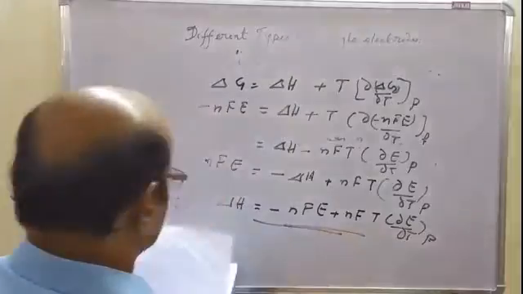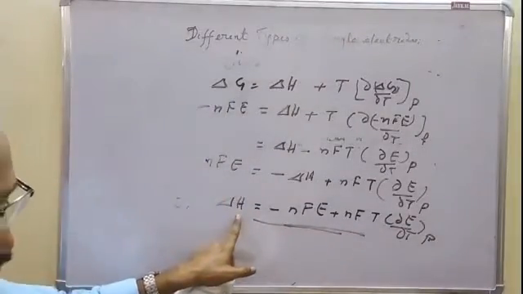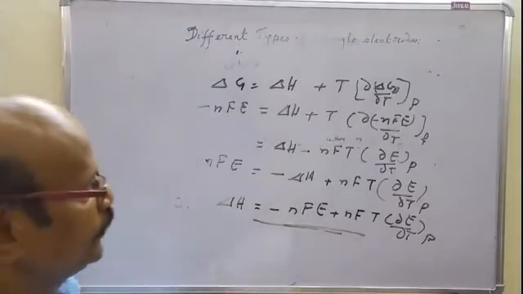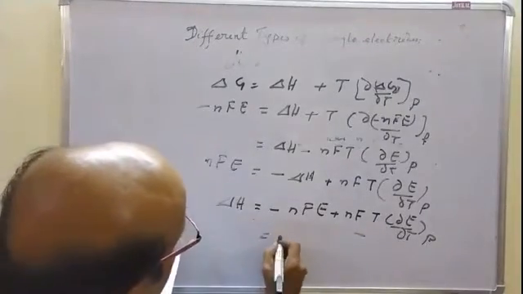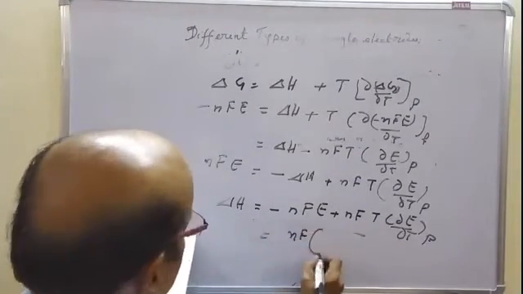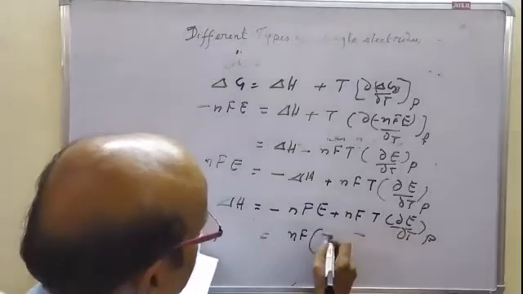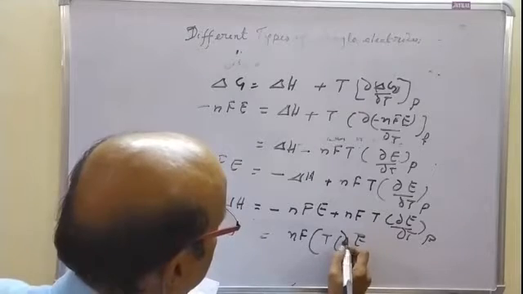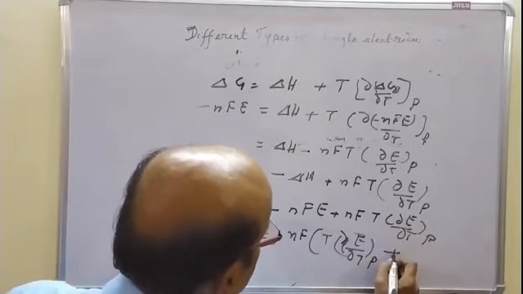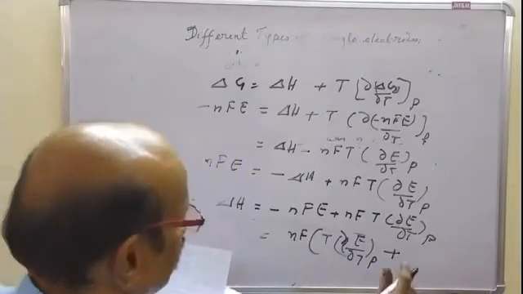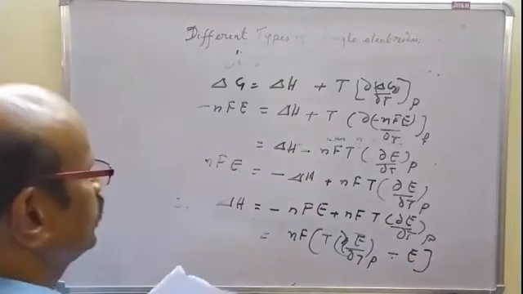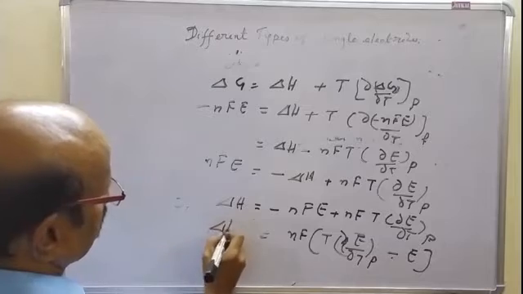So the value of enthalpy, delta H for the reaction, is nF into T dE by dT at constant pressure minus E. This is the equation for delta H.